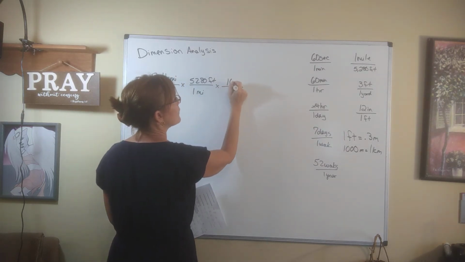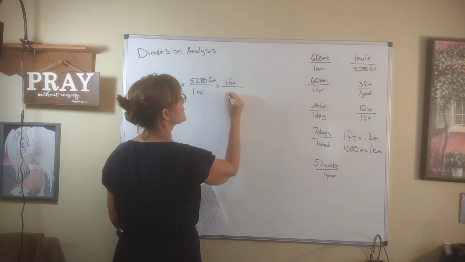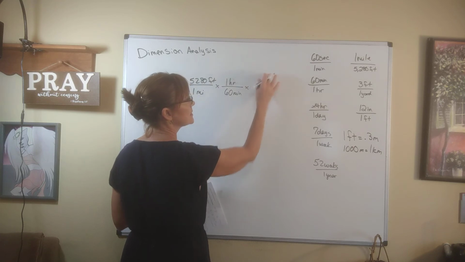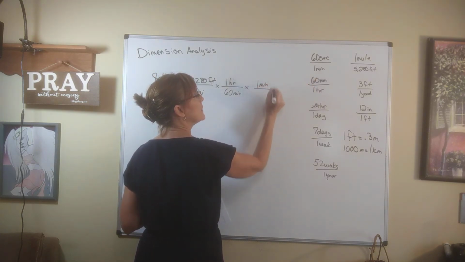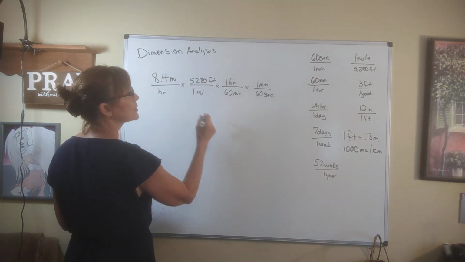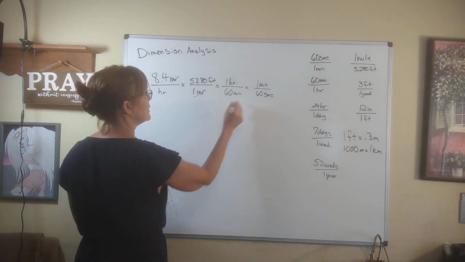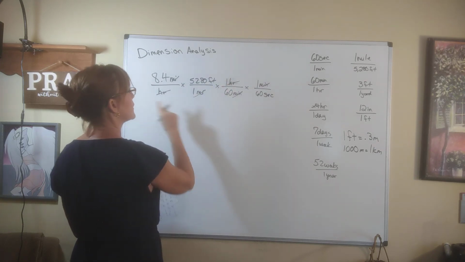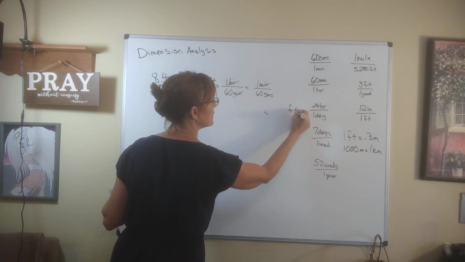We want to kill the hour, so put it up top, 1 hour per 60 minutes. All right, let's change minutes to seconds. I'll put the minute in the numerator to get rid of it, and the 60 seconds in the denominator, because we want this to convert to feet per second. So is that going to work? Miles, gone. Minutes, gone. Hours, gone. What am I left with? Feet per second. So this is going to be fine.